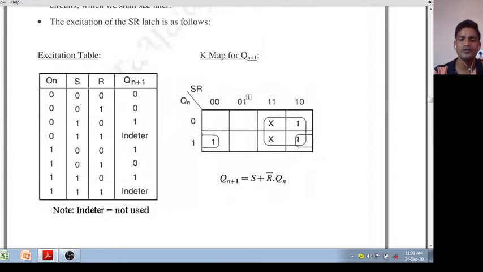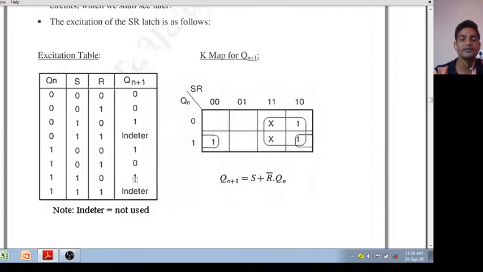Now, you already know K-map. Now, what is the value of Qn plus 1? Just make a 3 variable K-map. This is 0, 1, 2, 3, 4, 5, 6 and 7. Qn plus 1 equal to sigma m 2. So it is 1. 3 means indeterminate, so write X. Next 1 0 0, 4, so write down 1.